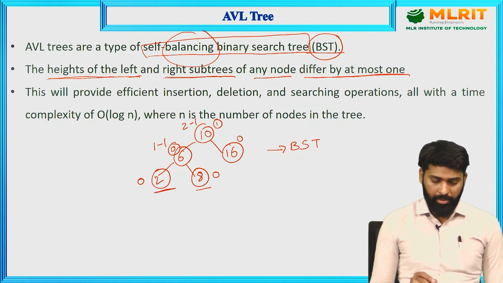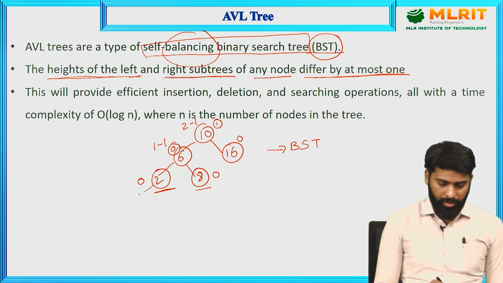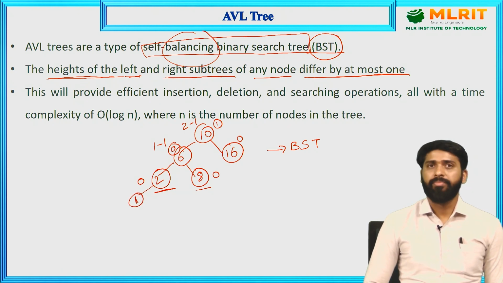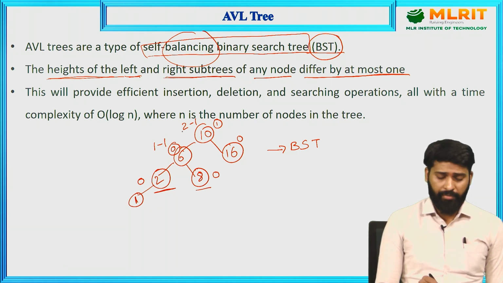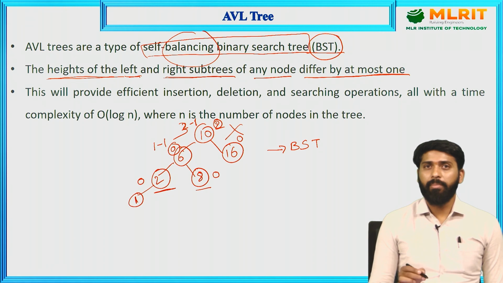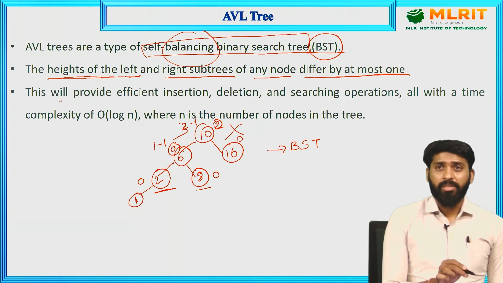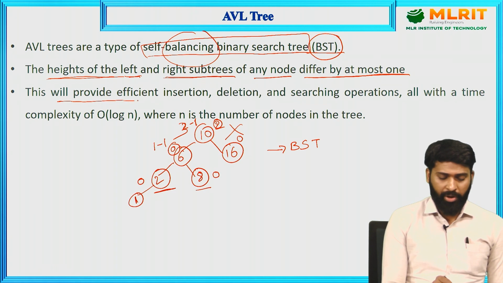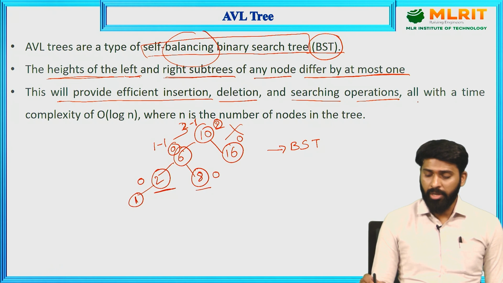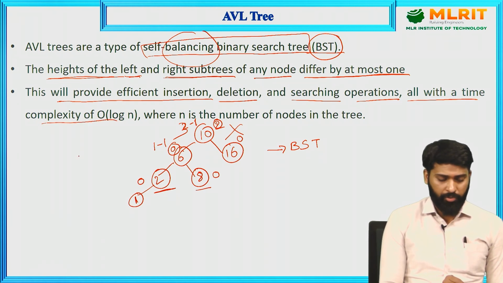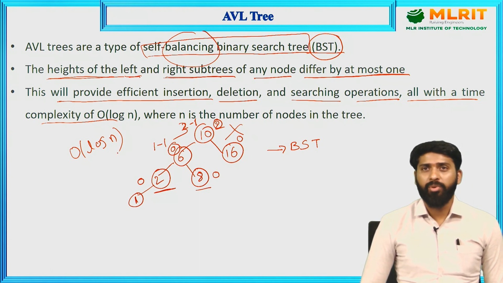For example, if I insert 1 here, the height of the left subtree is 3 and the right subtree is 1, 3 minus 1 is 2. Now it is not an AVL tree, but it is a binary search tree. This balancing will provide efficient insertion, deletion and searching operations, all with a time complexity of O(log n), where n is the number of nodes in the tree.